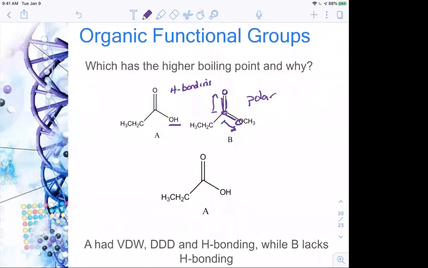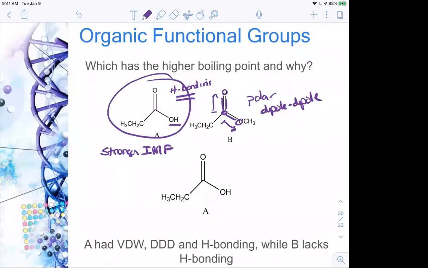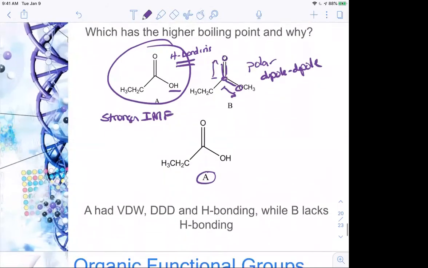This is going to be a polar molecule, so it'll have dipole-dipole. When I compare this, hydrogen bonding is a much stronger intermolecular force. So this compound is going to have the higher boiling point.